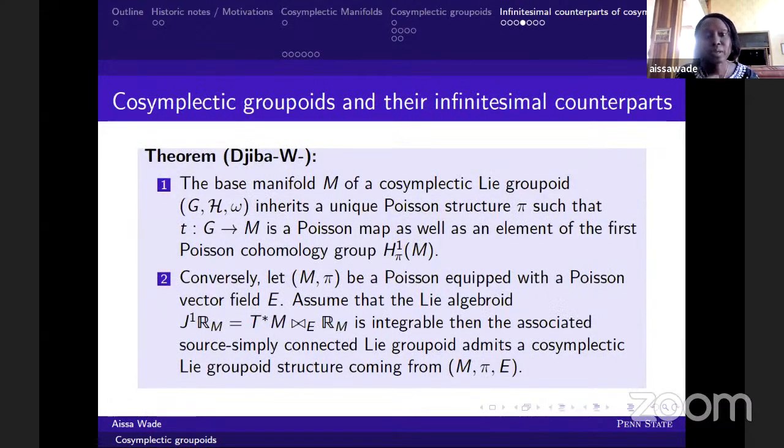Now we get the theorem. This is a theorem with my student from University of Cheikh Anta Diop, Dakar, Sem Jiba.